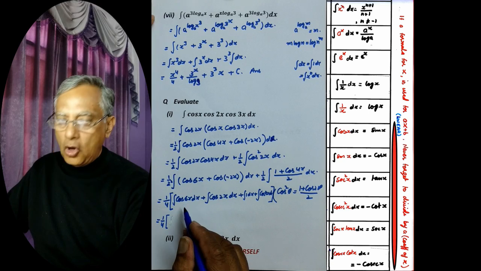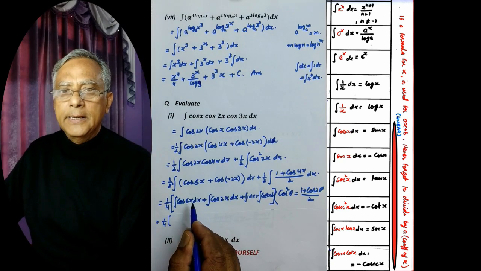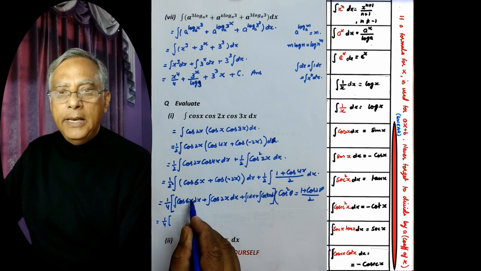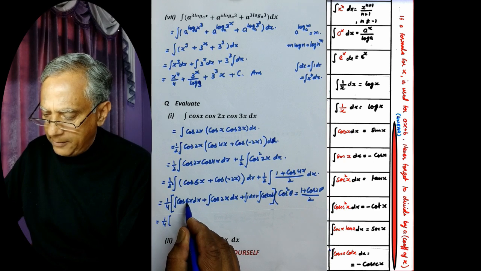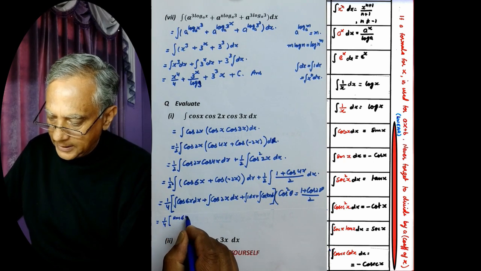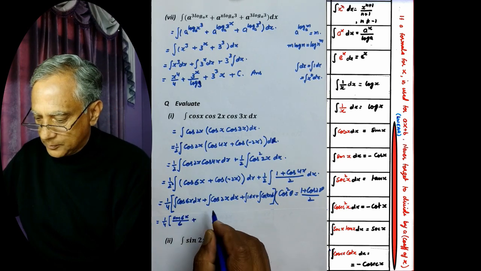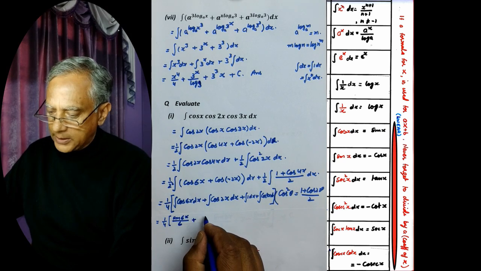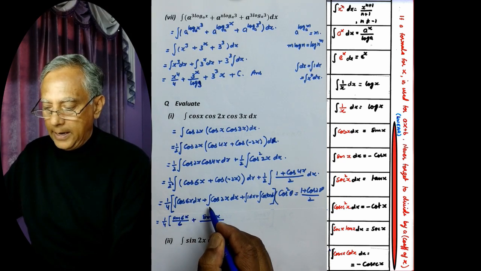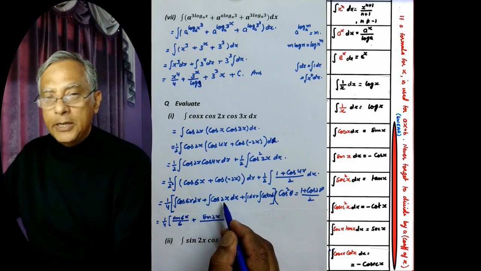integration of cos 6x dx is, now integration of cos x is sin x. We are using this formula for linear, so we must divide by 6. So we will have sin 6x over 6 plus, now integration of cos 2x will be sin 2x, and the formula for cos x is being used for cos 2x.